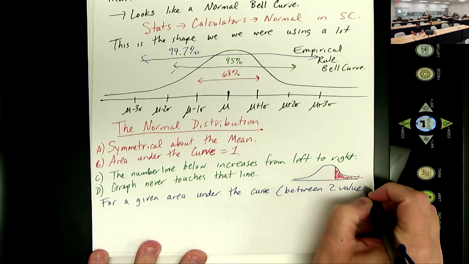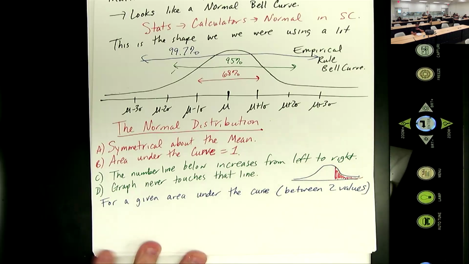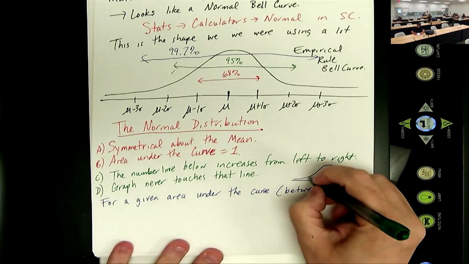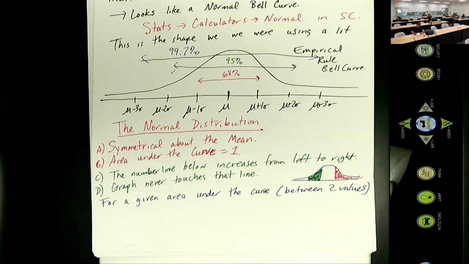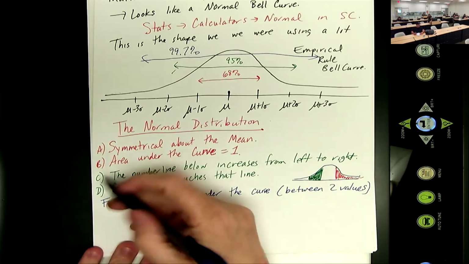Sometimes the value is infinity, but we can pick two values on the table and just do a region within. I could just as easily do a region in green like this, and only do that range and use those two values instead. For a given area in the curve, we can say that it represents.